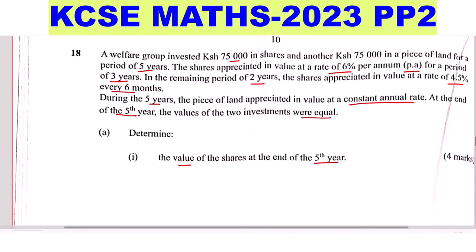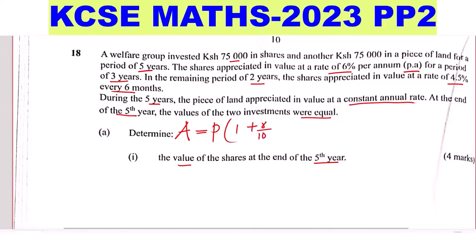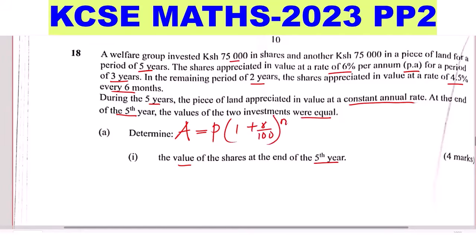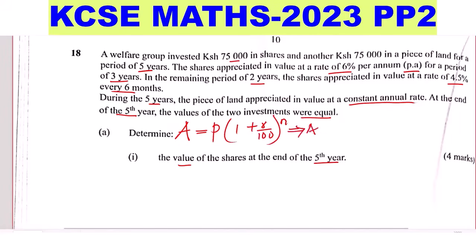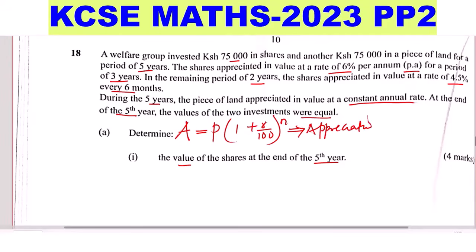And you're going to use the formula for appreciation. The amount is given by the principal amount of shares invested, times 1 plus the rate over 100, then everything raised to the power of the period. That is the formula that you're going to use for appreciation. So let us begin with the first 3 years.